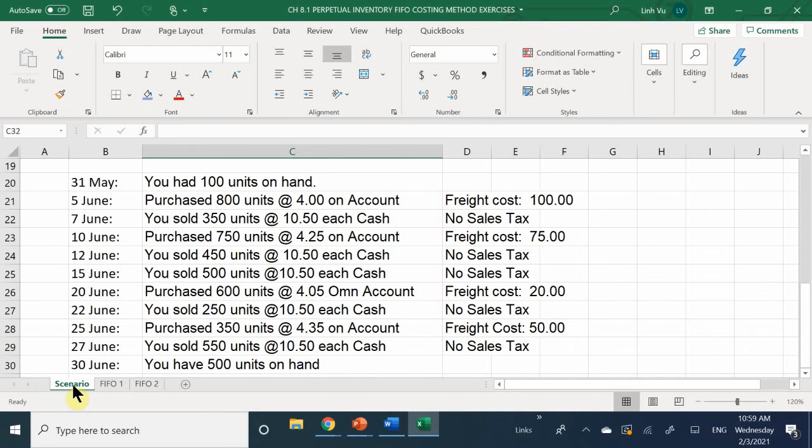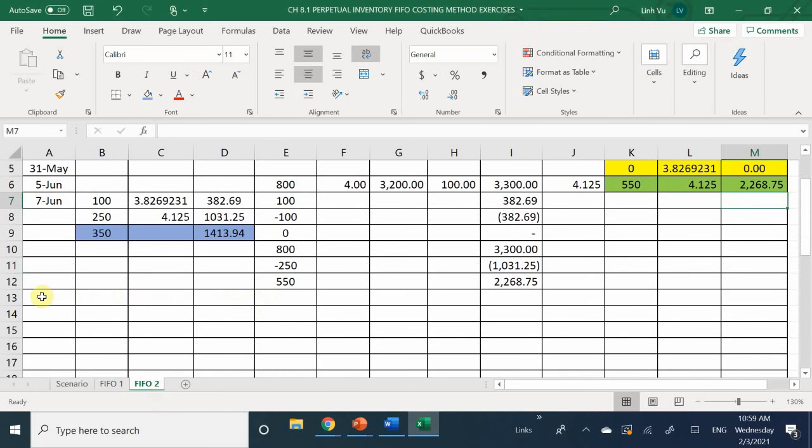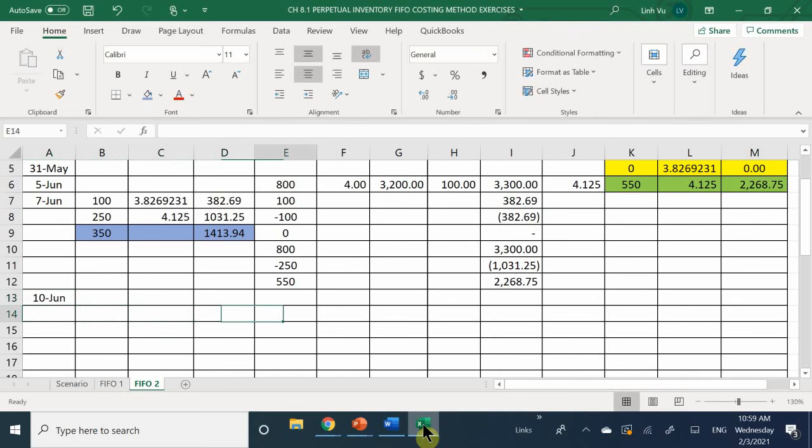So then what happened on June 10? Purchased another 750 units at 425.75. So 750, 425. Okay. So this was June 10. Yes. We purchased another 750 items at 425 with a freight of 75.